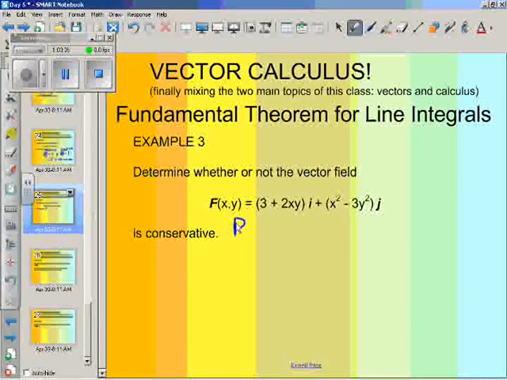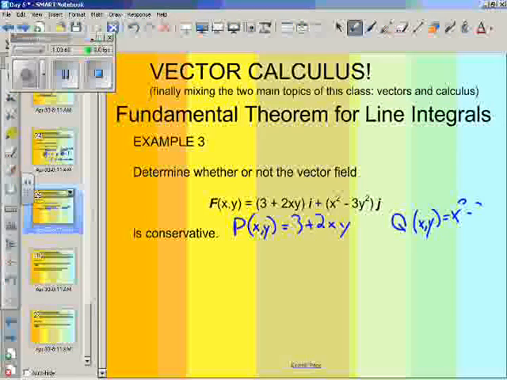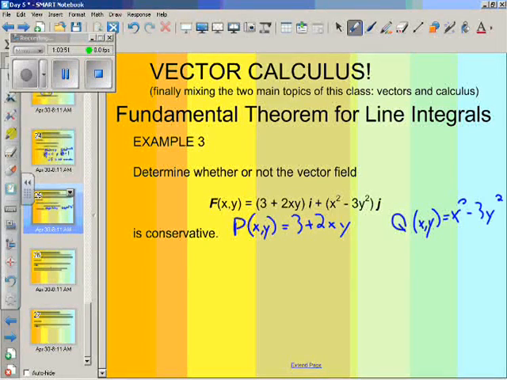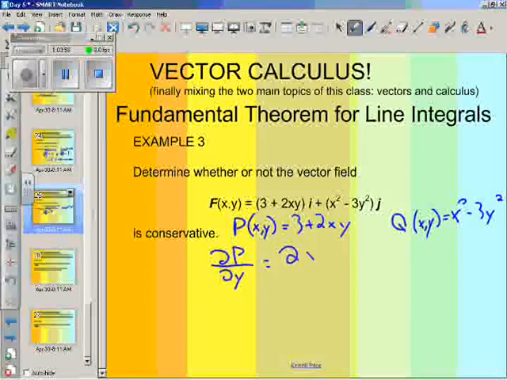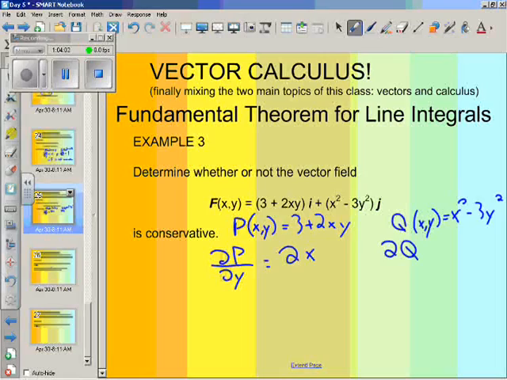Let's take a look at this one. So here, P of x,y equals 3 plus 2xy, and Q of x,y equals x squared minus 3y squared. When we take the derivative of P with respect to y, we get just 2x. And when we take the derivative of Q with respect to x, we're also going to get 2x.